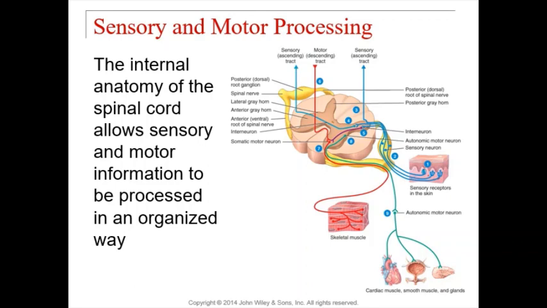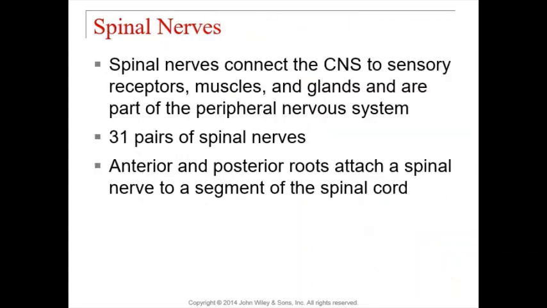But again, I got to talk about the nerves, those little branches coming off of the spinal cord. Turns out you have a lot of spinal nerves. Turns out you have 31 pairs of spinal nerves. 31 nerves coming off the right side and 31 nerves coming off the left.